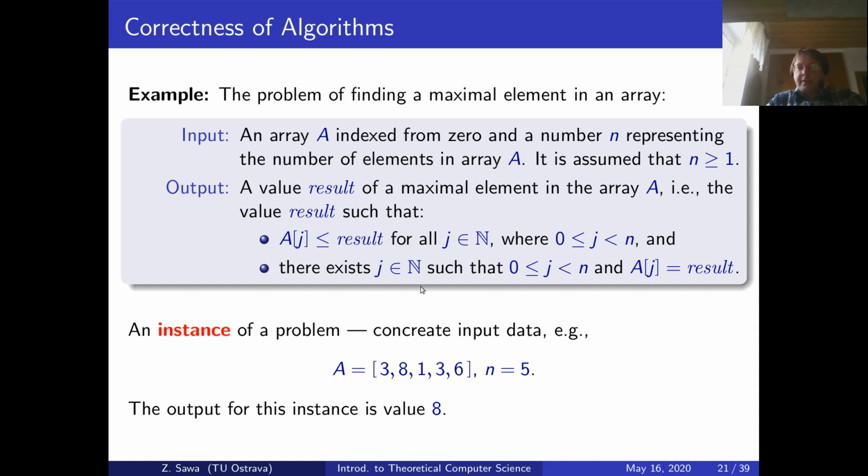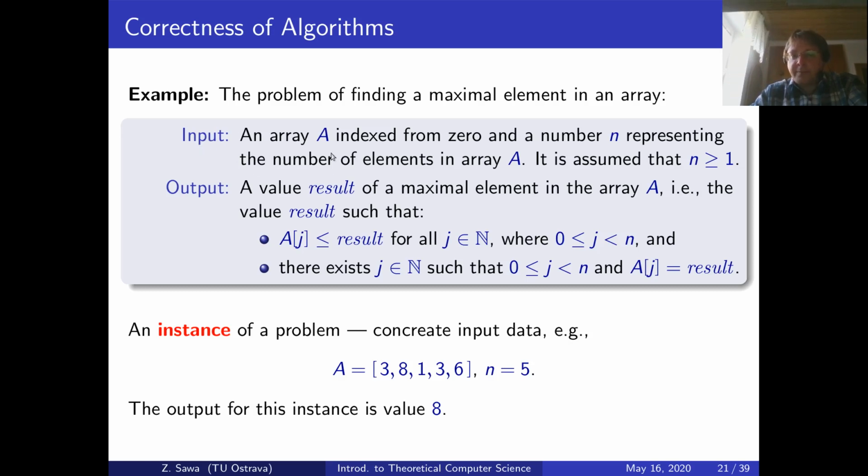And there is one notion which is often used in this context when we talk about instances of the problem. By the notion instance, we mean some concrete example of input data for the given problem. In this specification of the problem, the description of the input is general.